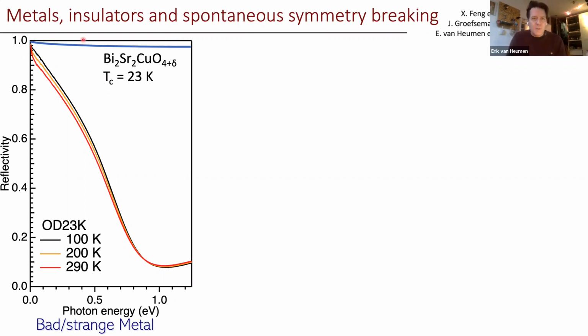So the reflectivity of gold in the energy range up to 1 electron volt is essentially equal to 1. That's why we use it as a reference, of course. And the deviation from 1 essentially tells you something about the scattering rate that the electrons have in this material. I'll get back to that on the next slide. So this is more or less the reflectivity of a metal.